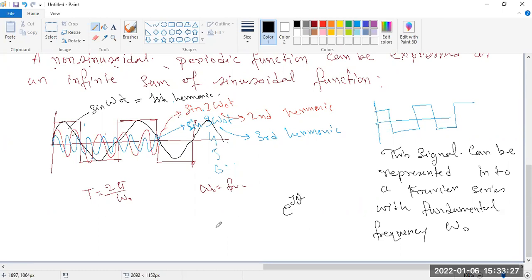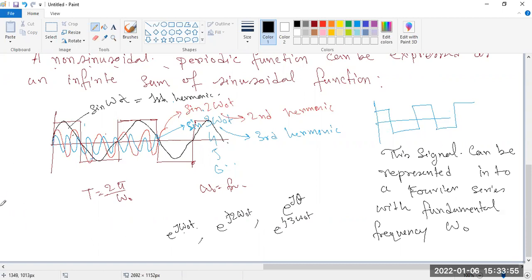Say the first harmonic is represented by e to the j omega naught t. The second is e to the j 2 omega naught t. This is the second harmonic representation. And the third harmonic is e to the j 3 omega naught t. In this way we can represent each signal.